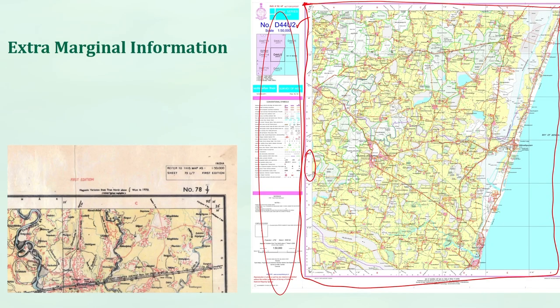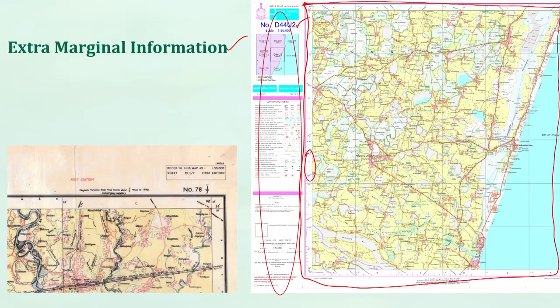We will be learning how to find those features with the help of different conventional signs and symbols. First, let us discuss extra marginal information or outer marginal information. These are nothing but the information found outside the margin, usually sheet number, legend, projection related information, information related to the map.